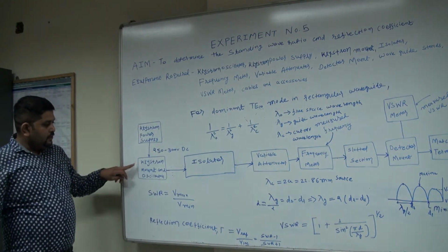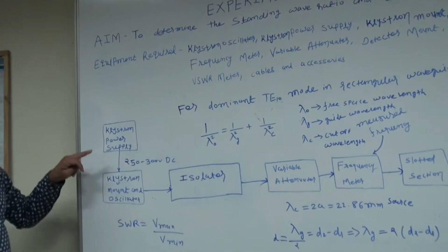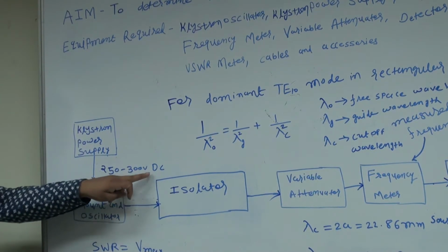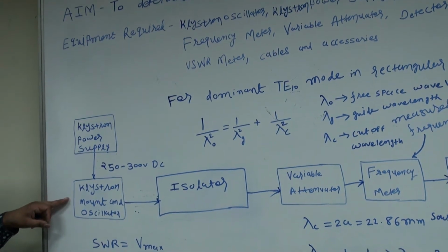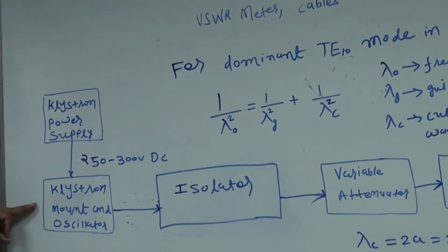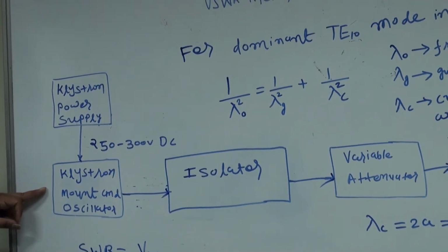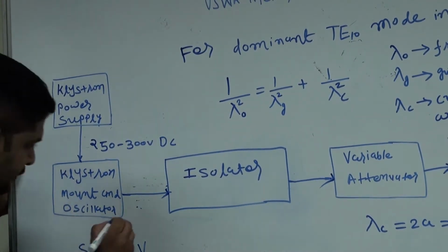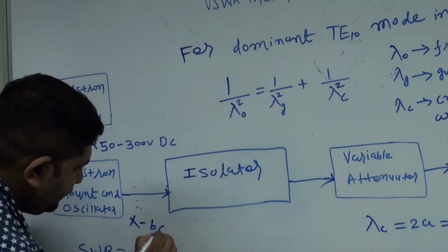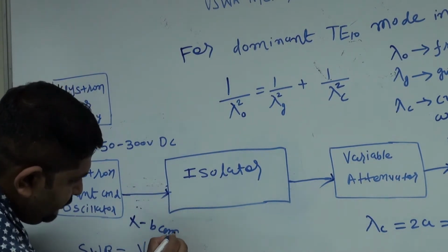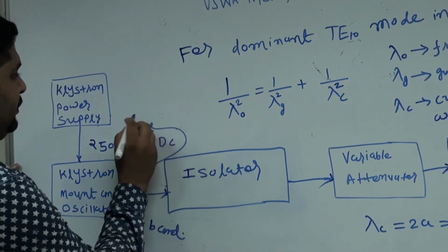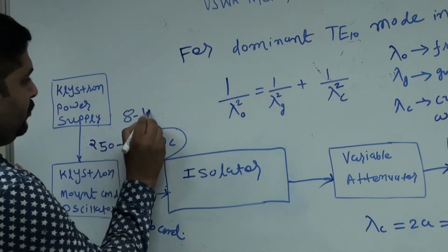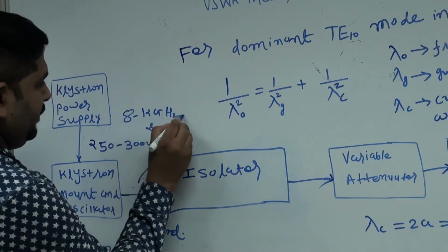This 250 to 300 volt DC is input to the klystron mount and oscillator, and the klystron oscillator produces the 8 to 12 GHz frequency range, and this one is X band, and the frequency range is 8 to 12 GHz.